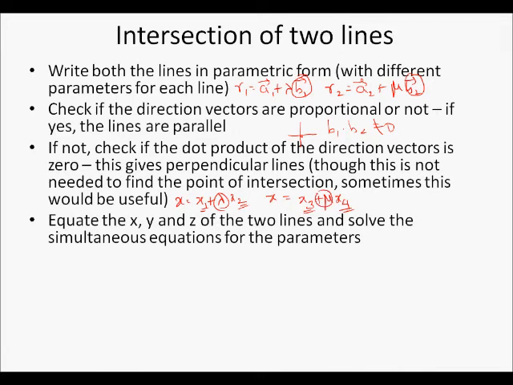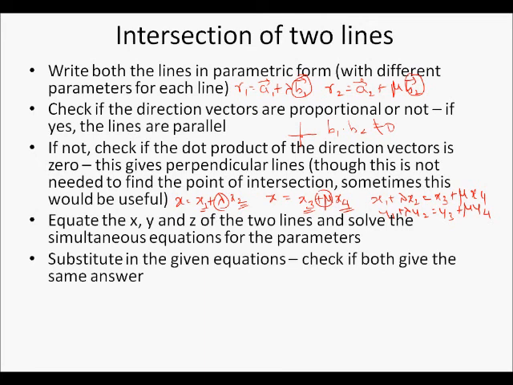So you can equate them, x to x, like x1 plus lambda x2 equals x3 plus mu x4, and y1 plus lambda y2 equals y3 plus mu y4, and you will get three equations with this. You have to solve them simultaneously for lambda and mu. Then substitute lambda and mu into those equations for x, y and z separately, for the separate lines given.